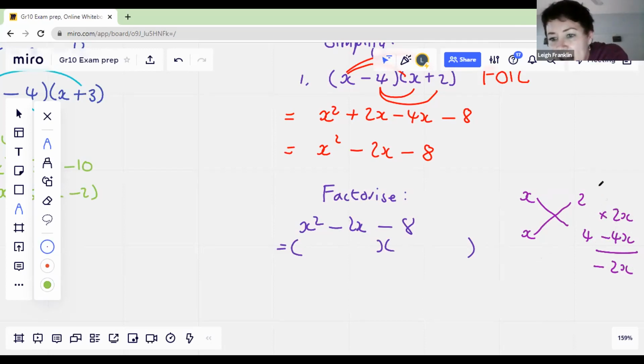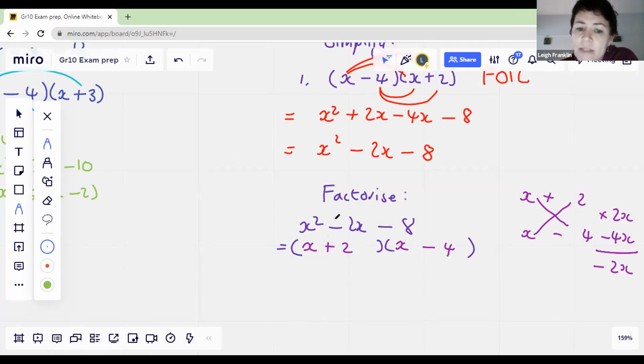And then it's this sign that you take inside here, and then that is your bracket. So here, the first bracket would be x plus 2. We take the minus, we put it in there, and then the second bracket is x minus 4. All right, so what I was trying to say to you, this is now type number 3 that we were talking about, okay? The middle term is negative and the last term is negative.